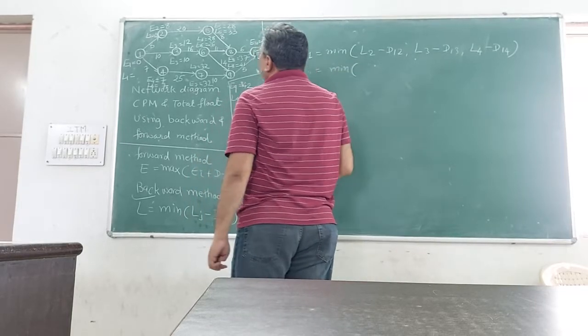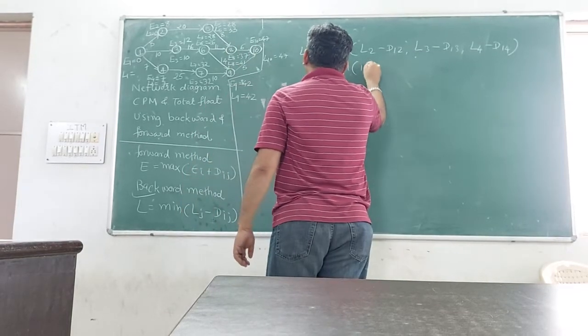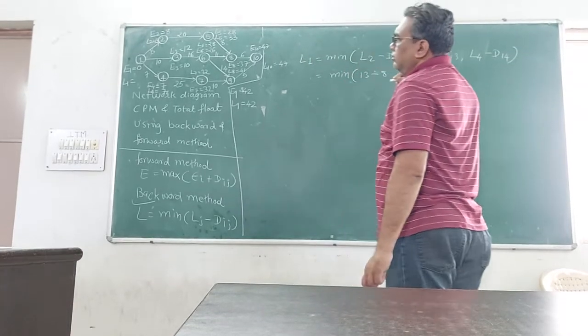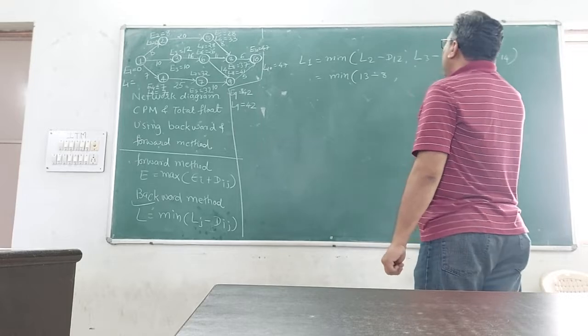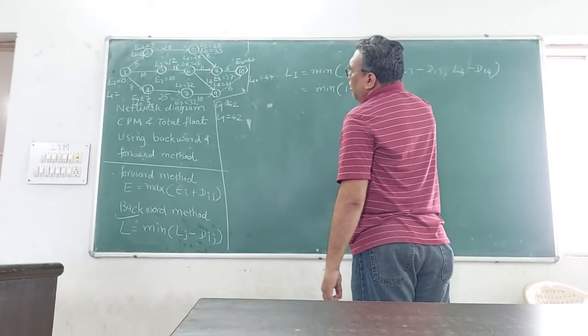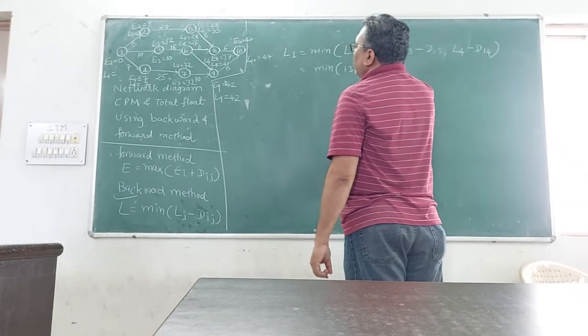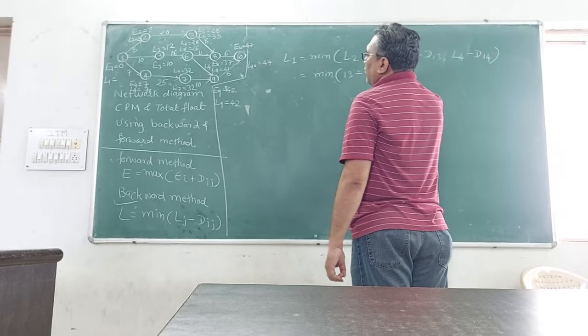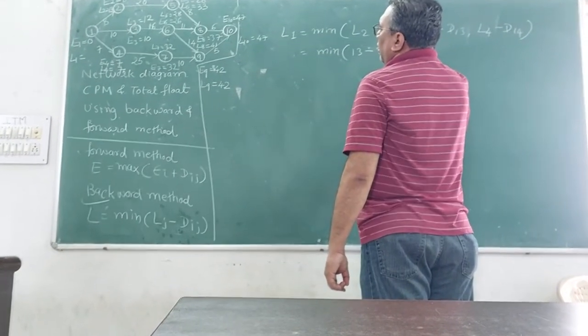What is the value of L2? 13 minus D1,2, that is 8. Is it okay? So what is the value of L3? That is 12 minus D1,3, which is also 10.